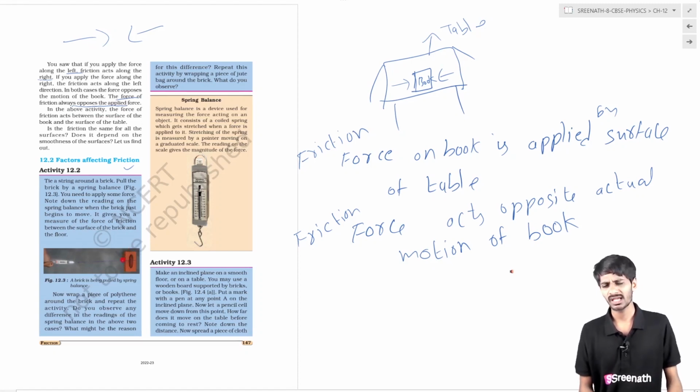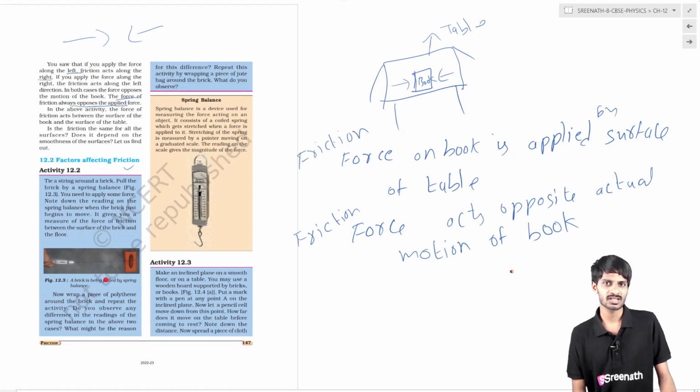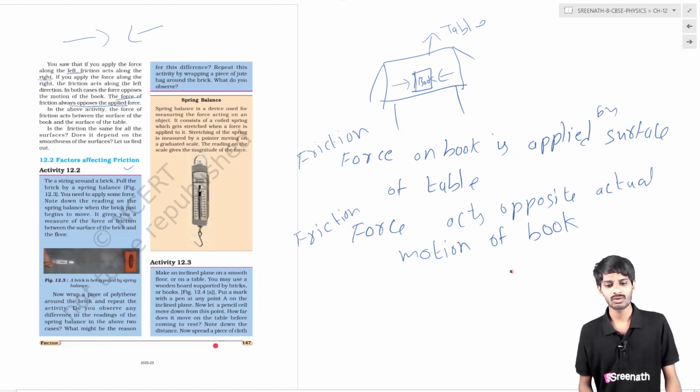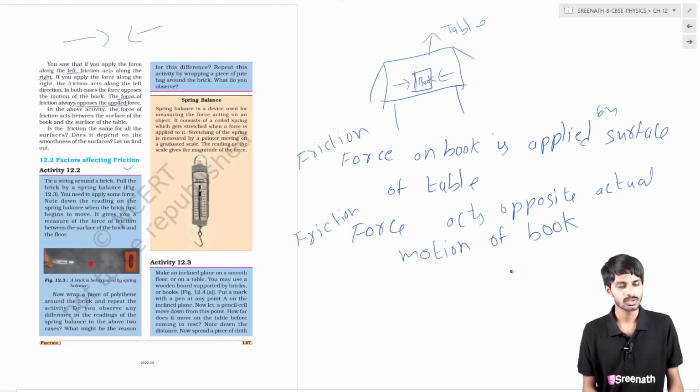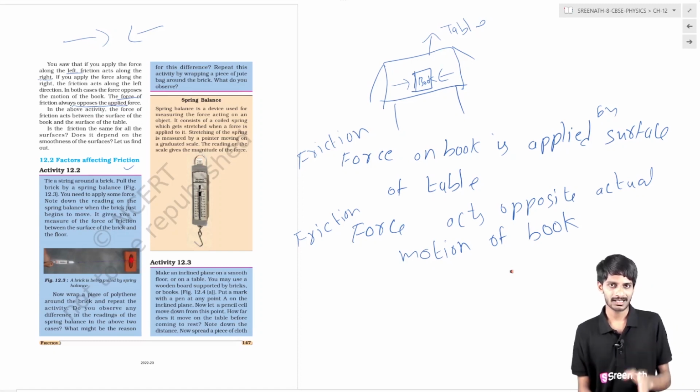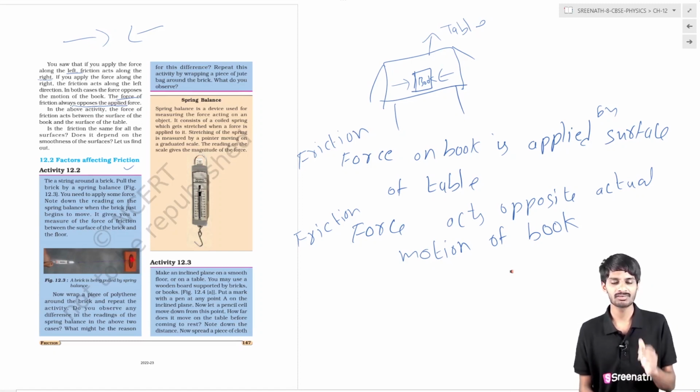So finally what we can observe is that the force of friction depends upon the smoothness. It is the doubt we have gotten after doing this experiment. In the beginning, we pulled this brick, and in another case we pulled this brick after wrapping it with a polythene cover, which has a very smooth surface.